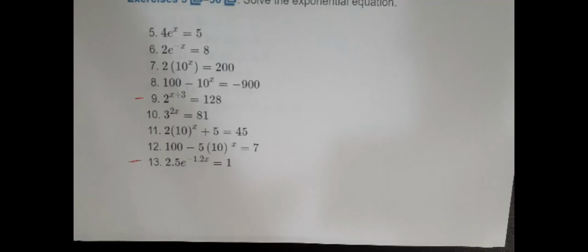I guess it's twice 64. But there are several ways to crunch this thing. Log base 2 of 128 should give you what number? I think I said it already. 7. All right. And we're getting x plus 3 equals 7. x is equal to 4.